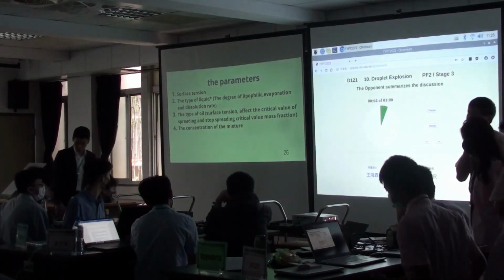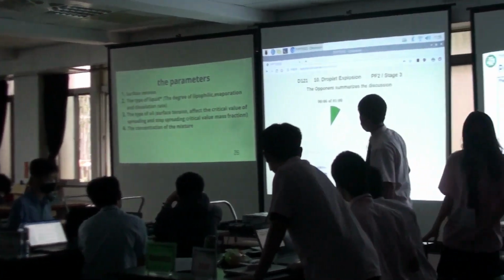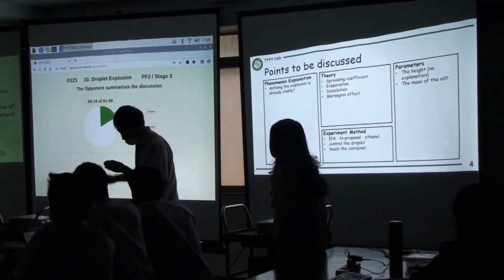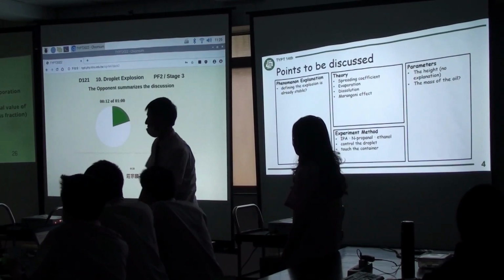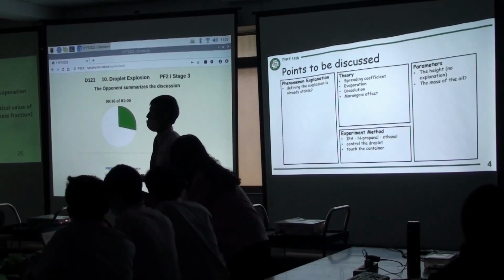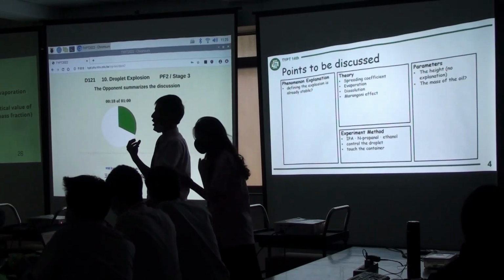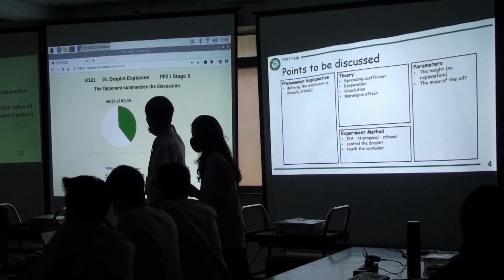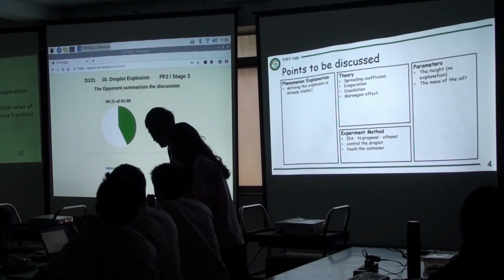Okay. So in our discussion we discussed the parameters that will affect, for example, the height, and I also made some suggestions that they can include the spreading speed in their analysis and data.